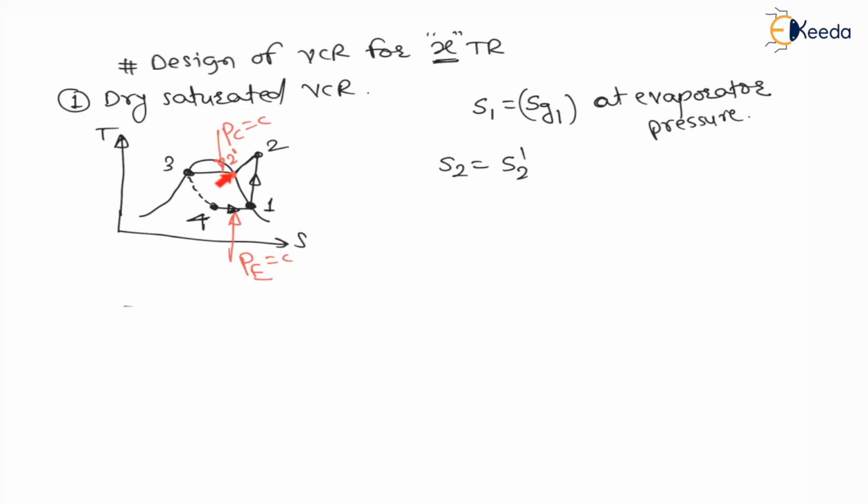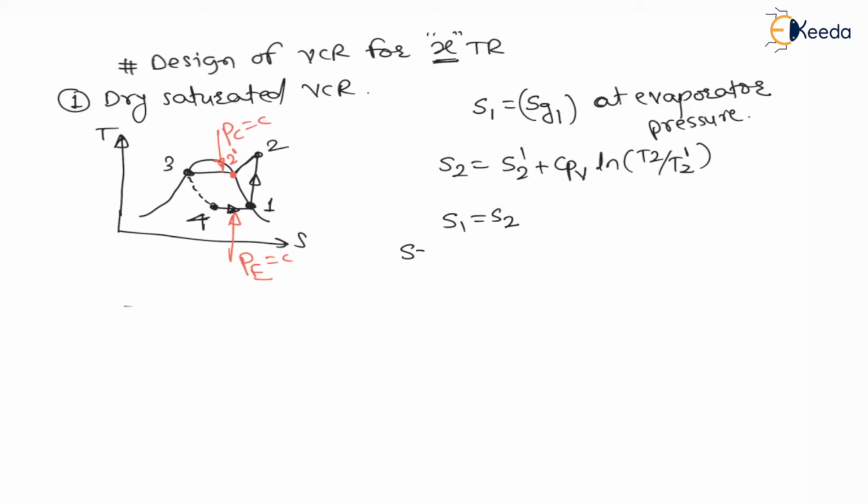Here, entropy at 2 is entropy at 2 dash plus the 2 dash to 2 entropy, which is a constant pressure process. Therefore, it is nothing but plus Cp of vapor ln of T2 divided by T2 dash, which you have already learned in the entropy topic, right? And my dear students, 1 to 2 is an isentropic process, that is reversible adiabatic compression. Therefore, entropy is constant, so we can say S1 is equal to S2.